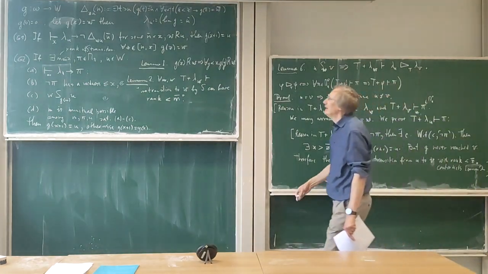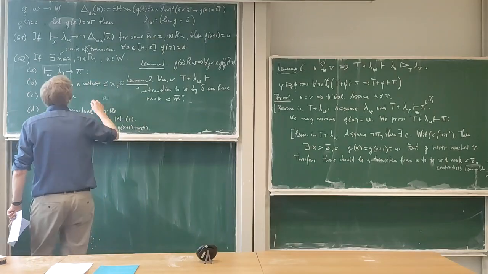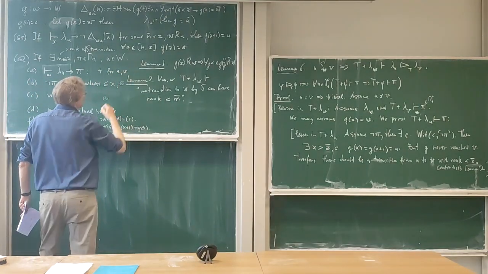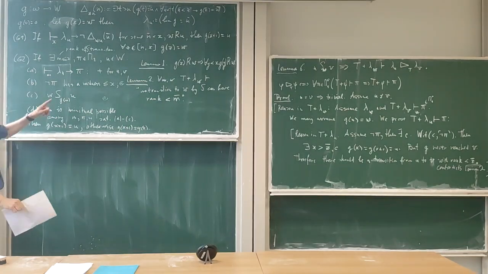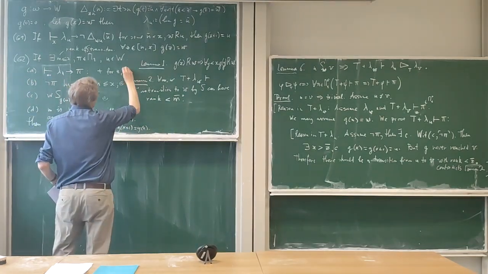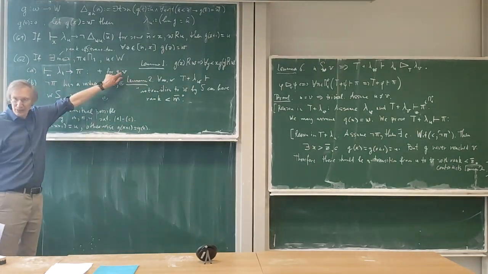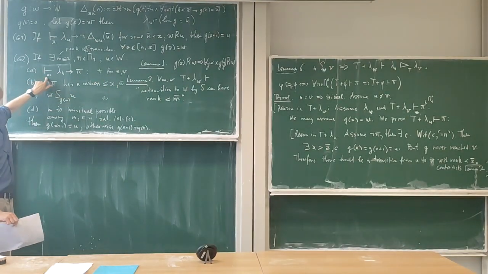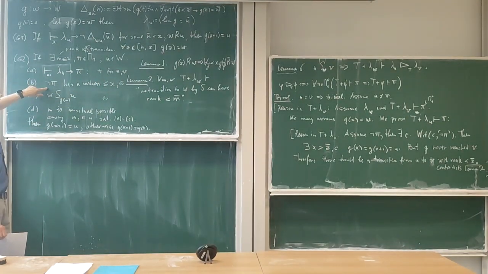So this one is satisfied for Z and V. At least one M we have obtained. Then we obtained a witness of not pi.